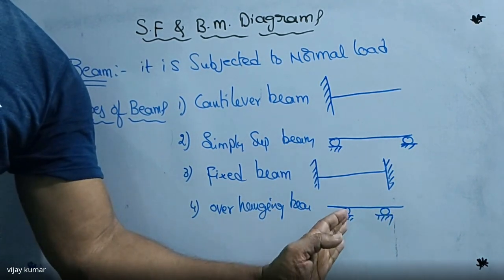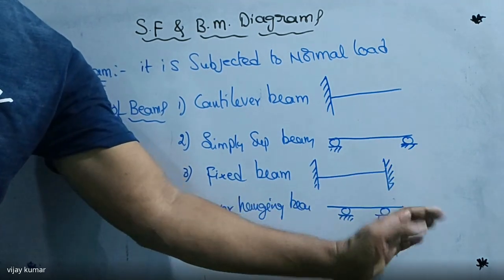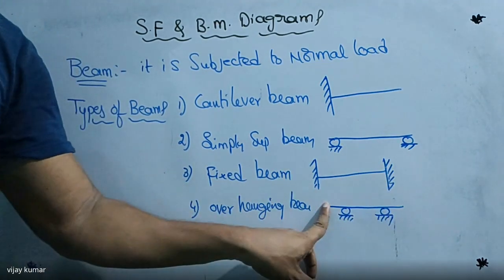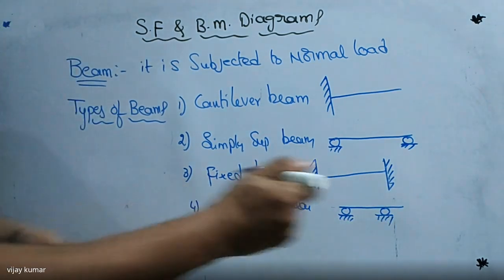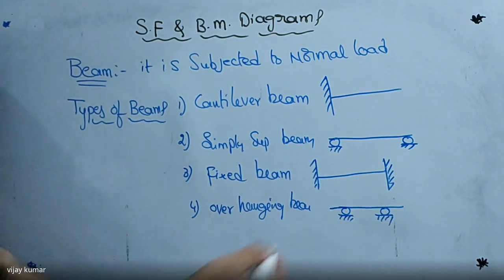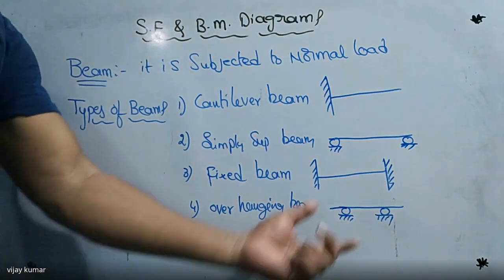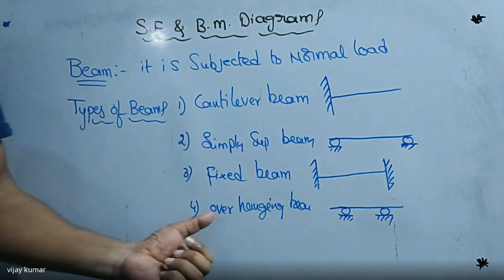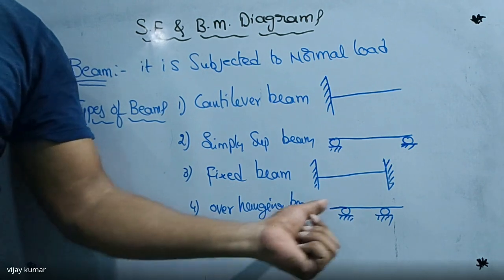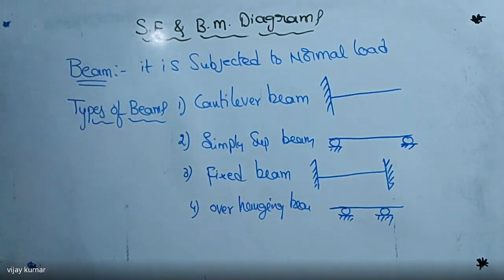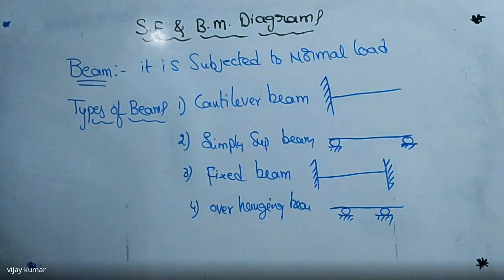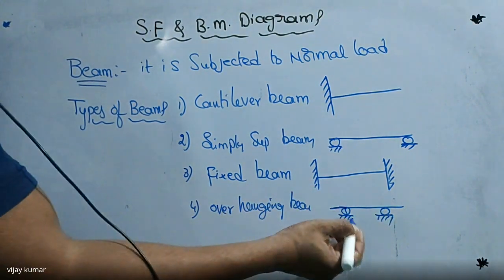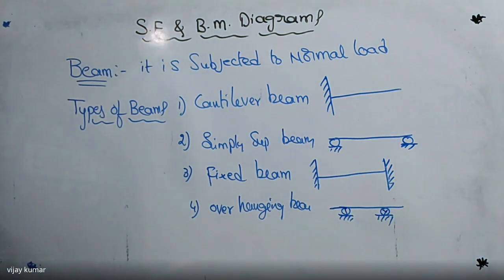This overhanging may be on one side or on two sides. If you remove this one, the beam overhangs on one side. If you put it like this, then it overhangs on two sides. Whether it is on one side or two sides, it is named an overhanging beam because it has a length more than the distance between the two supports.